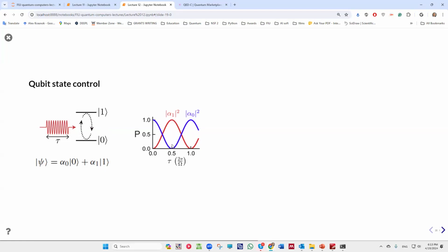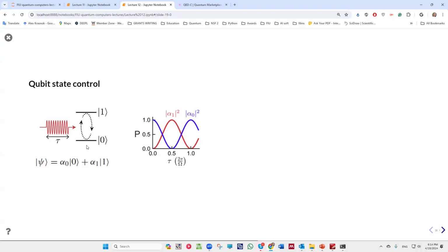And if I start from this state, in the excited state, if I send another pulse, just like the first one, I will transit to the zero state, with zero probability in the state one.